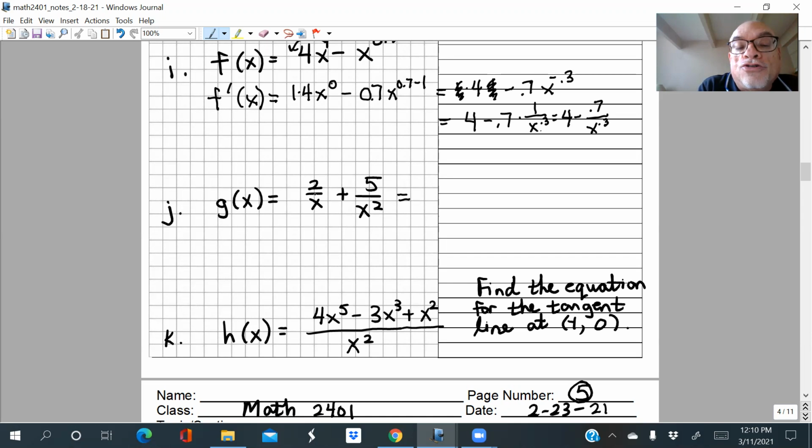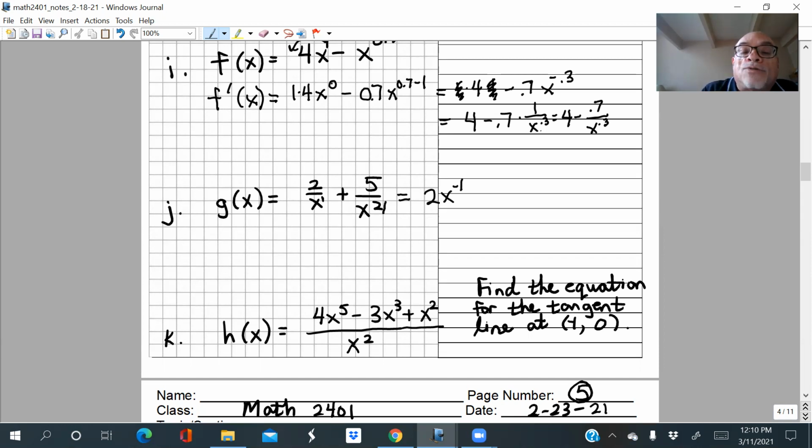I'm going to write the 2 over x as 2 times x to the minus 1. See, x, of course, is x to the first power. If I want to get that x out of the denominator, I can pull it up out of the denominator, but I do that by changing the sign of the exponent. So 2 over x is the same as 2 times x to the minus 1 power. And I'm going to do the same thing right here.